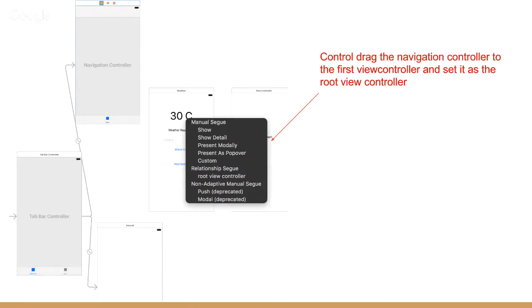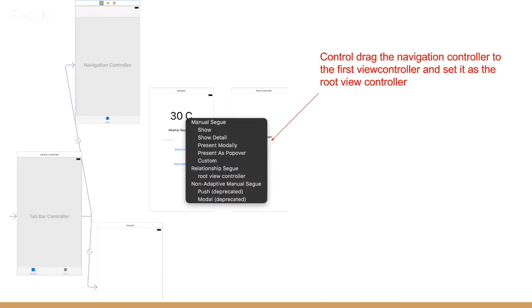But this view controller has no child view controller. It is a root view controller to tell the application where the home page is. So you control drag this to this, and then you select it as the root view controller. There's only one root view controller for every app.